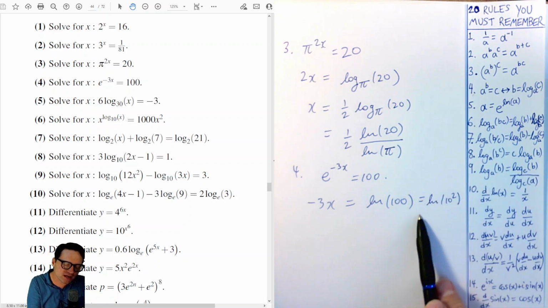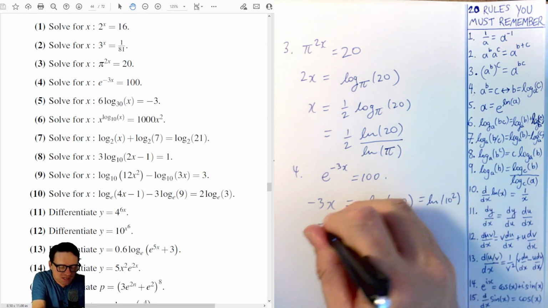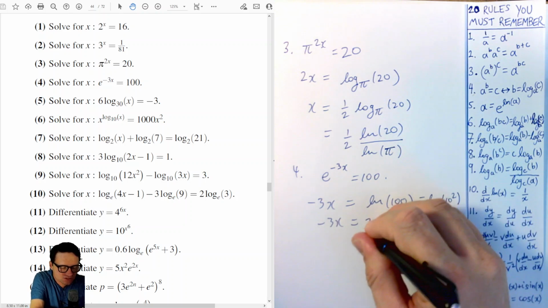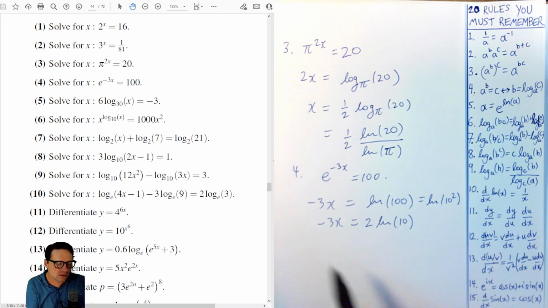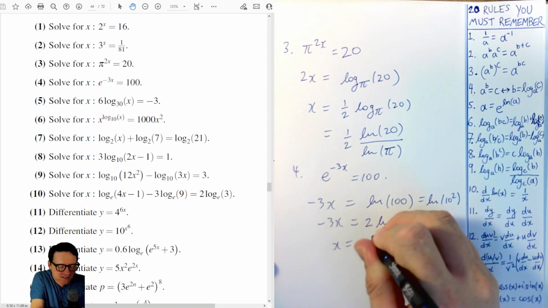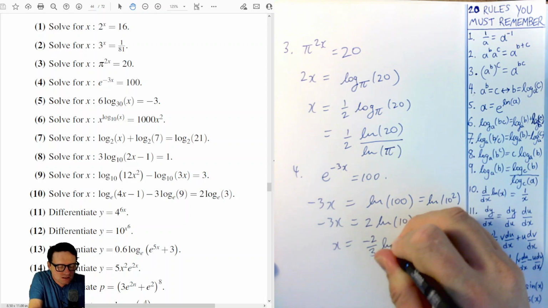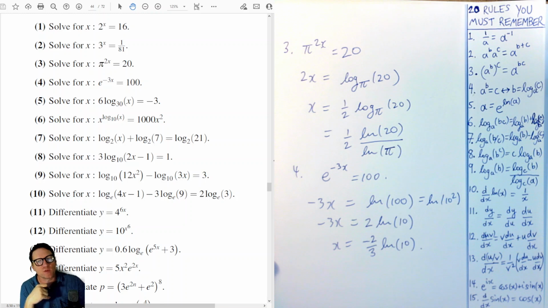And then we can bring that 2 down and say that minus 3x is 2 times ln of 10. And then divide throughout by minus 3, so x is equal to minus 2/3 ln of 10. And that I see as a reasonably simple answer.